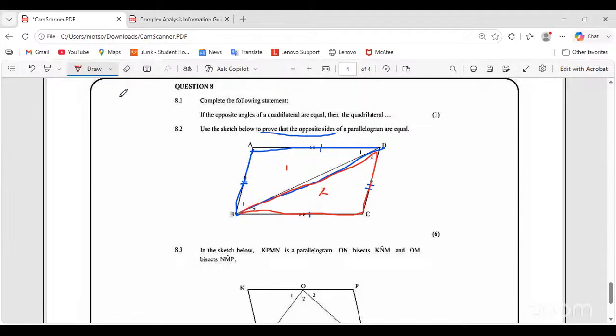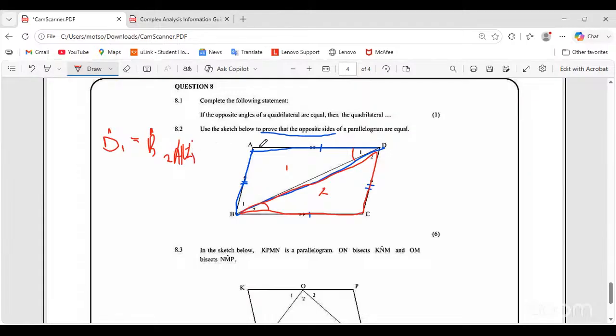Now, let's go. D1 is equal to B2. Do you guys agree that D1 here is equal to B2 here? Okay, let me write that. And this is an angle. Angle D1 is equal to angle B2. What is the reason behind this? Those are alternate angles.